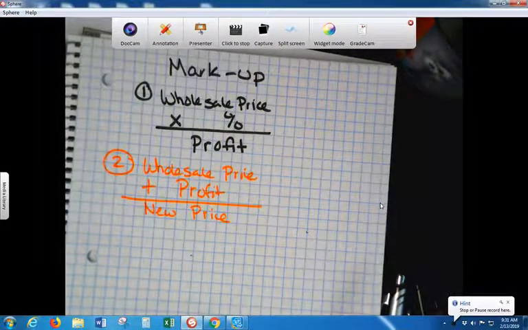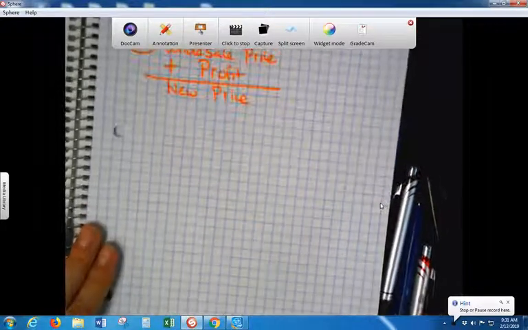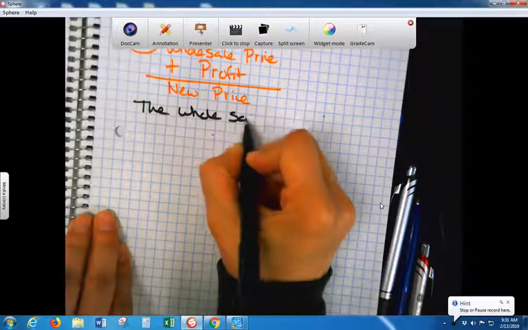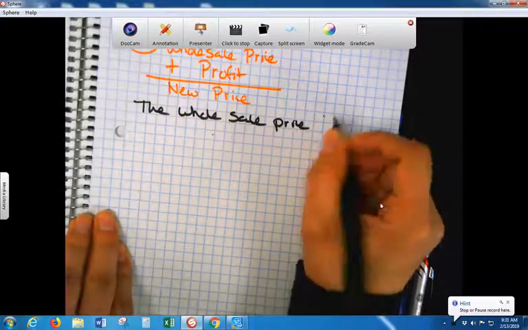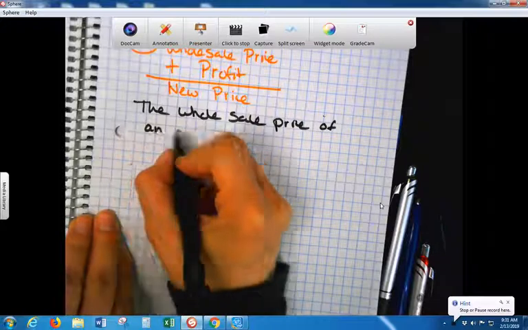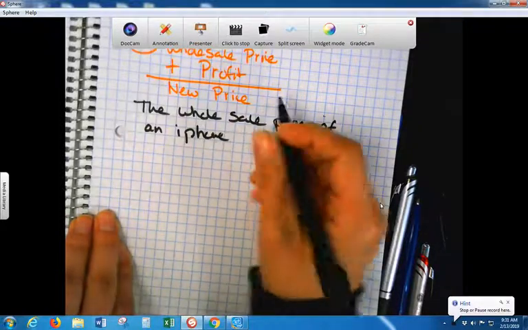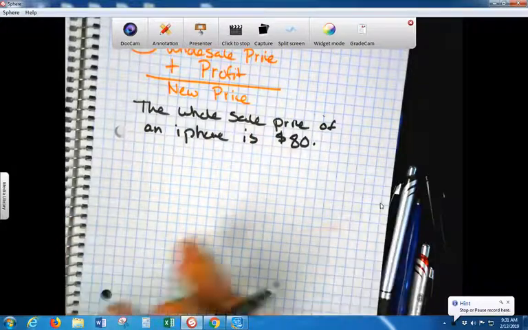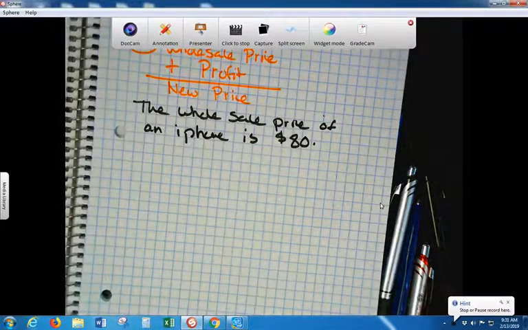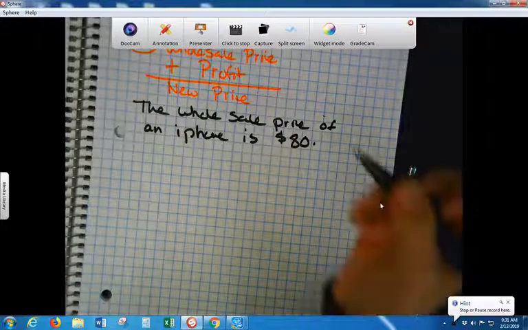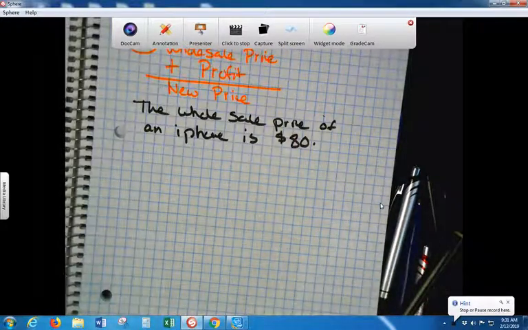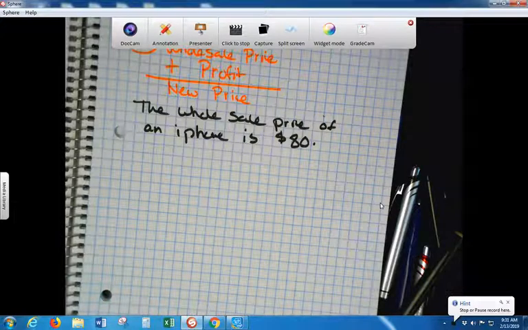So for example, let's just say the wholesale price of an iPhone is $80. What? Is it an iPod? No. So let's just say that the cost to make the phone, just to make it, is $80.